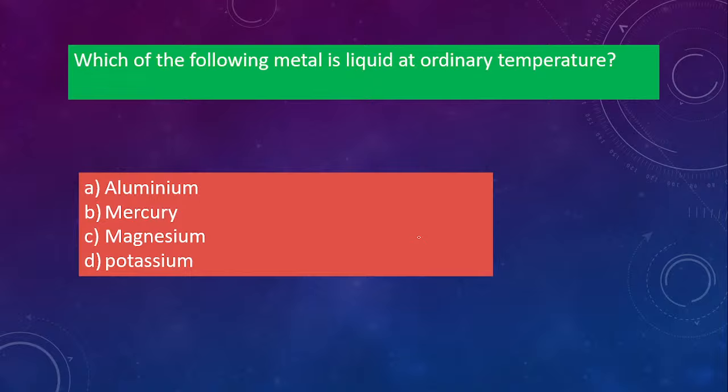Okay, let's do the next one. Which of the following metal is liquid at ordinary temperature? Very easy. Aluminium, mercury, magnesium, or potassium. कौन सा वाला option है? This one, you are studying for so many years, this one should be easy for you.